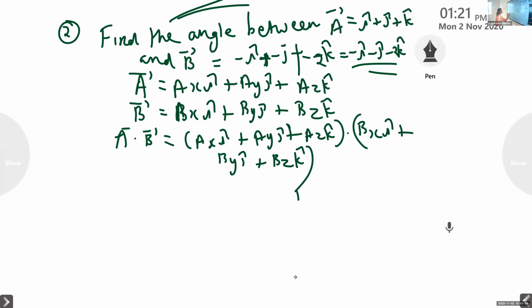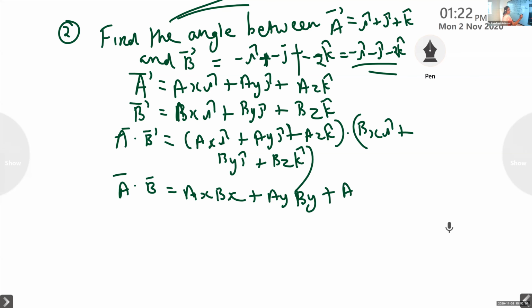Directly we go to A dot B, that is AxBx plus AyBy plus AzBz. Only the constant is changing. All other things are the same. If you learn this equation by heart, this is enough for you. You don't have to write the skipped steps. You can just say, by resolving into components, we got A dot B equal to so and so. You can start from here.